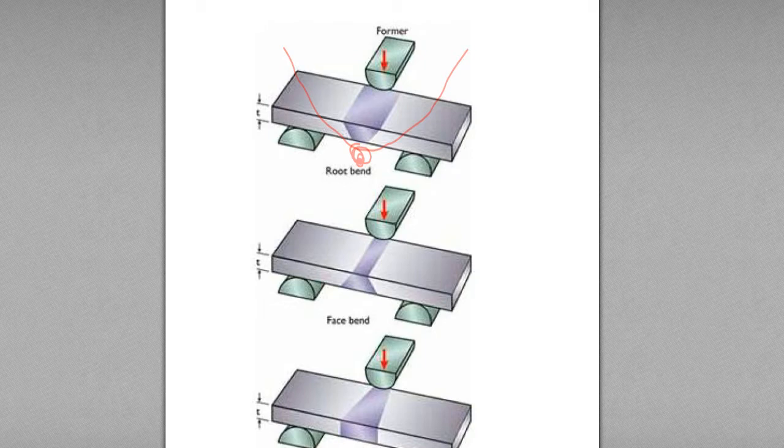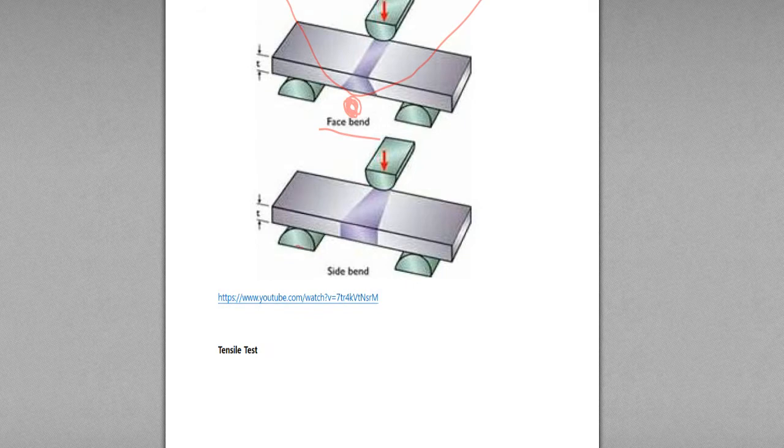On the other hand, for the face bend, the root side is here and the face side is here, and the load is applied in this direction, so the face bend specimen bends like this, and the convex side is the face side. For the side bend specimen, the load is applied here and it can bend in either direction.